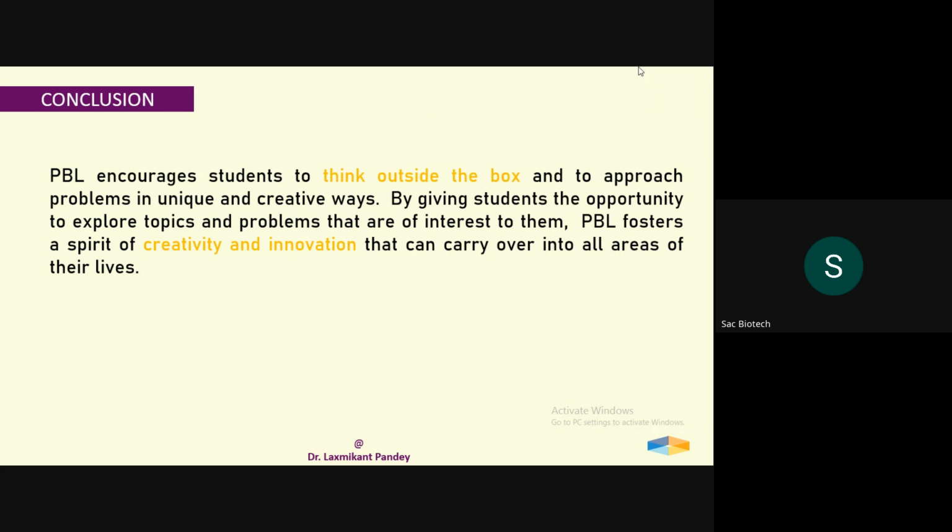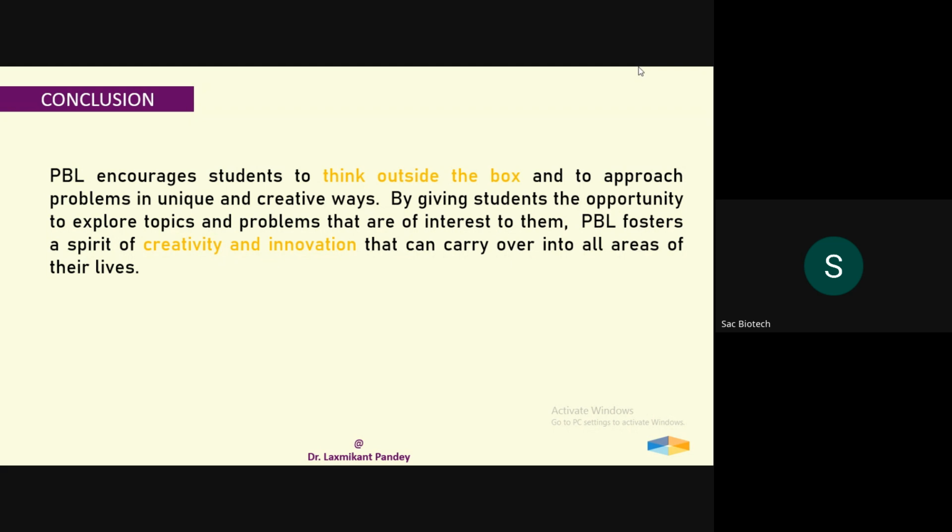If a person is doing something, he will only do it when he has certain interest in that particular problem or topic. Because of that, you are able to develop interest among the students for the topic, or you can also understand whether the students really have interest in the topic or not.